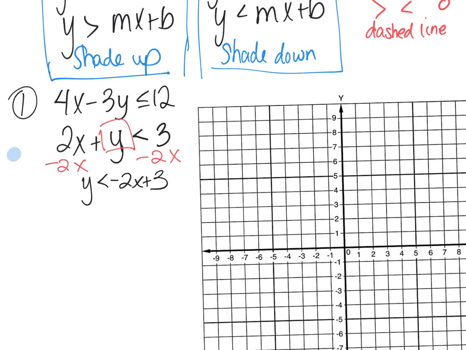So, what is my y-intercept of this equation? What's my y-intercept? Negative 2x plus 3.